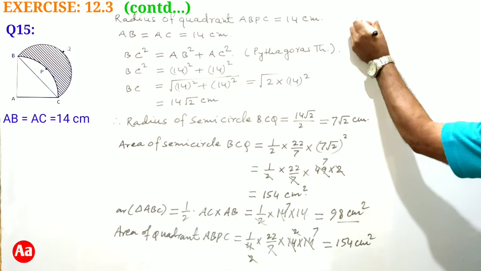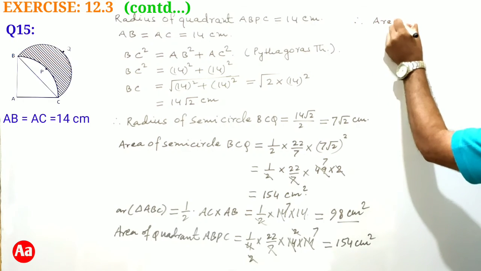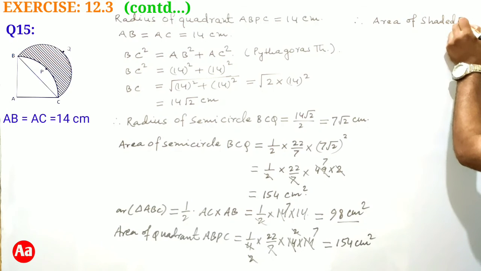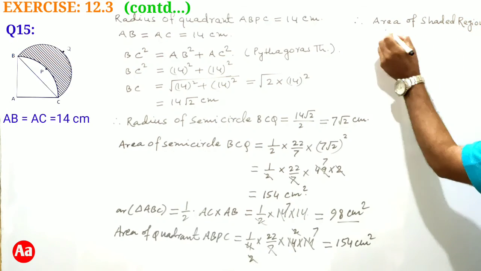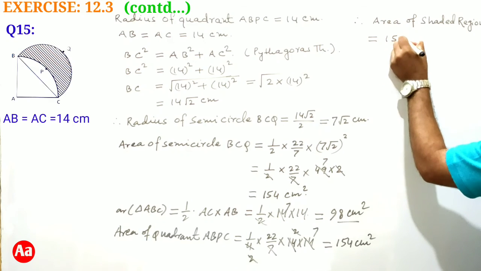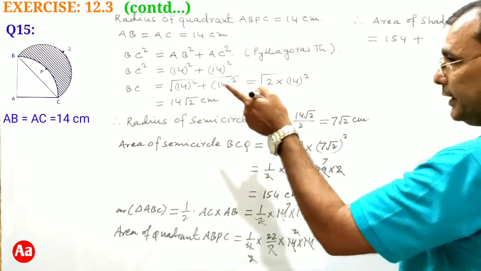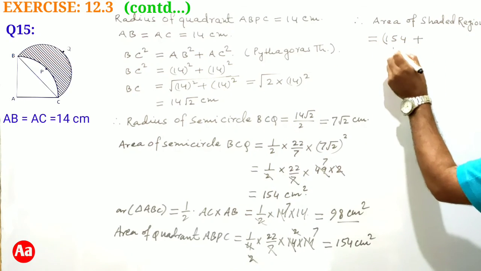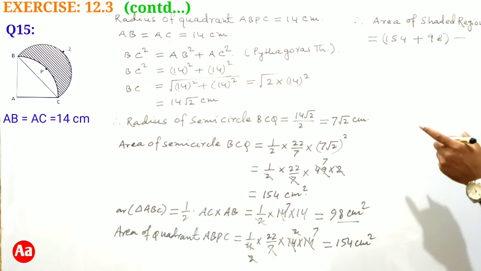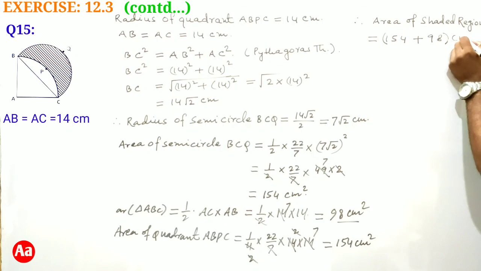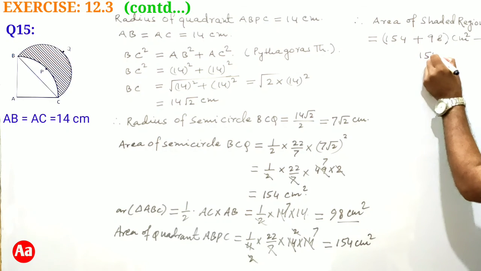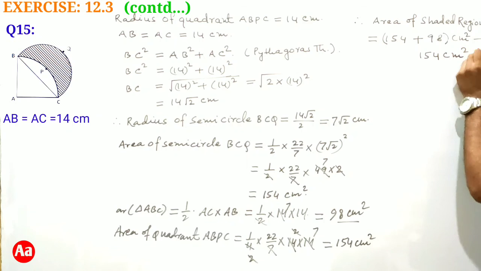Therefore, area of shaded region equal to area of semicircle BCQ 154 plus area of triangle ABC 98 centimeter square minus area of quadrant ABPC 154 centimeter square.